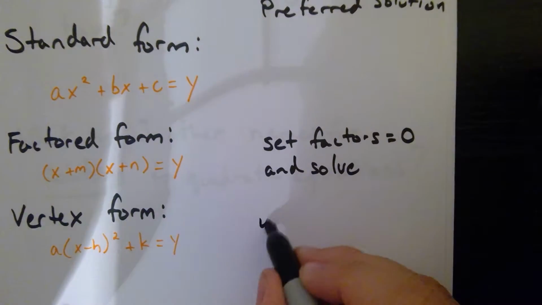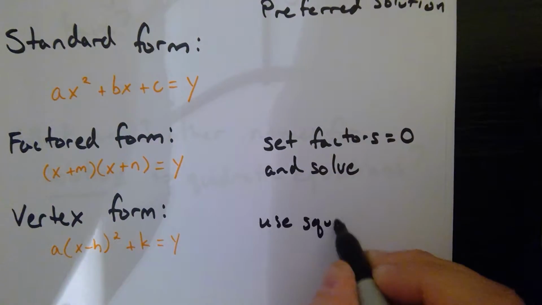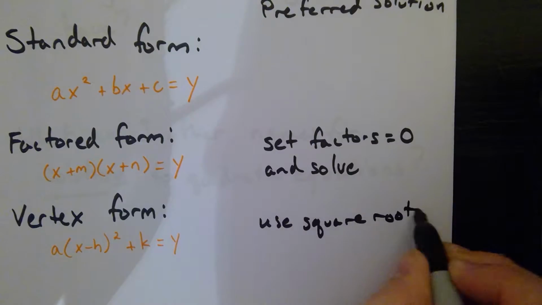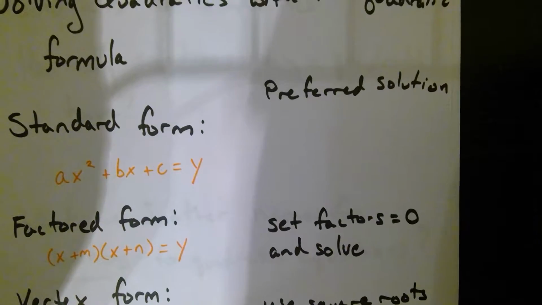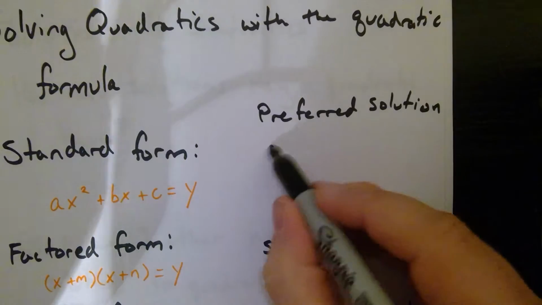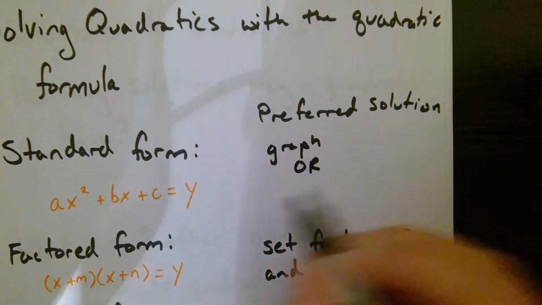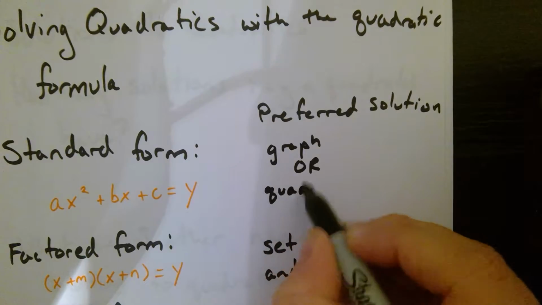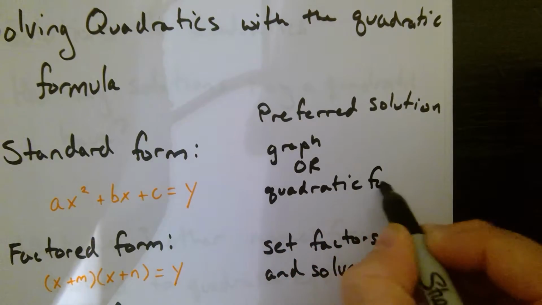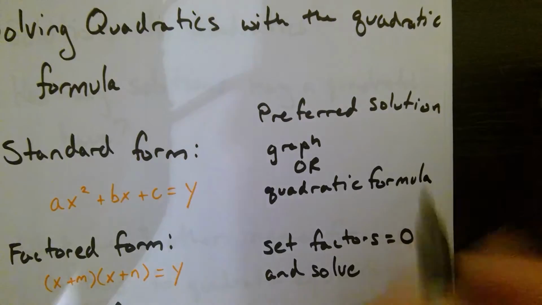For vertex form, we're going to use square roots. And for standard form, we can either graph or use the quadratic formula.